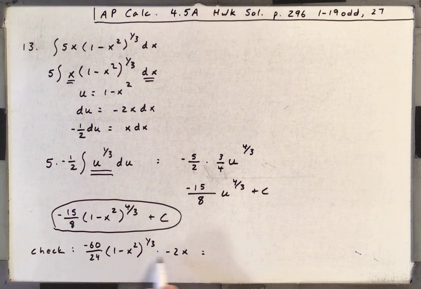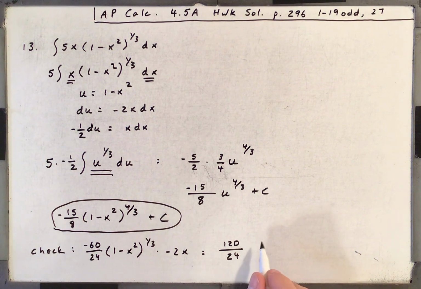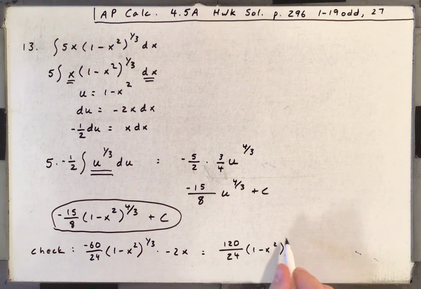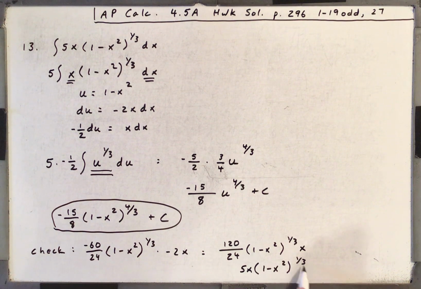So that's going to be positive 120 over 24, negative 2 times negative 60, 120 over 24 times 1 minus x squared to the 1/3 times x. Well, 120 over 24 is 5, and I can bring that x out front. And that matches what I had.